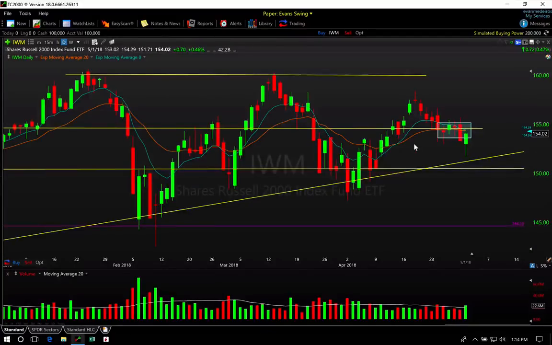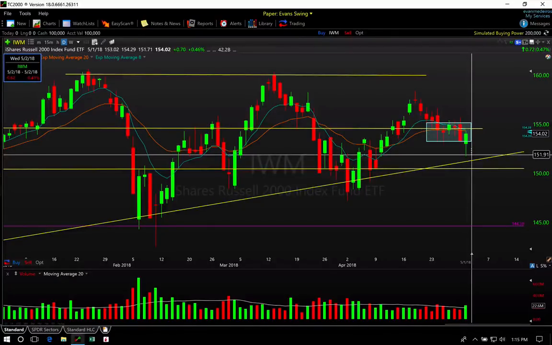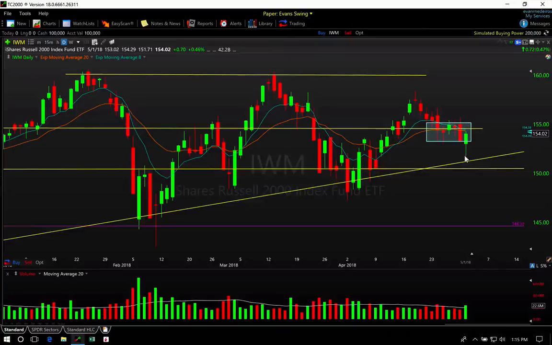The IWM, nice reversal here, uptick in volume. We lost this cluster, this little support in here, these 5-day lows from last week, and we probed all the way down to 151 and change today before seeing a reversal and closing about 0.5% in the green with an uptick in volume here. So again, very constructive.